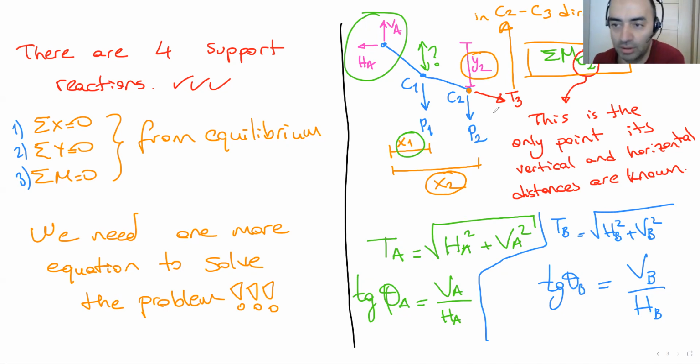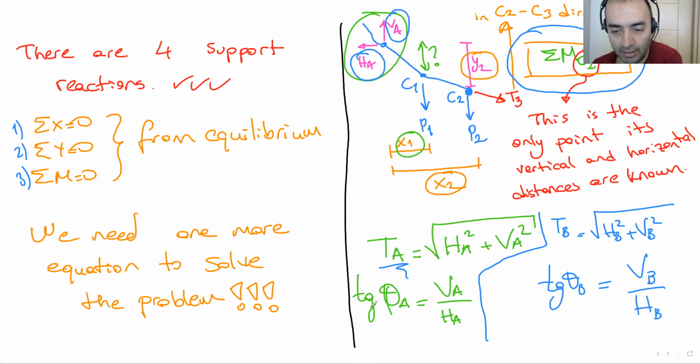Okay, as you can see, according to this equation, I have this part at the left-hand side. For this point, C2, if I write this equation, total MC2 equals 0, I can calculate HA and VA. After I calculate HA, VA, I can calculate the total support reaction, which is here, and its angle.